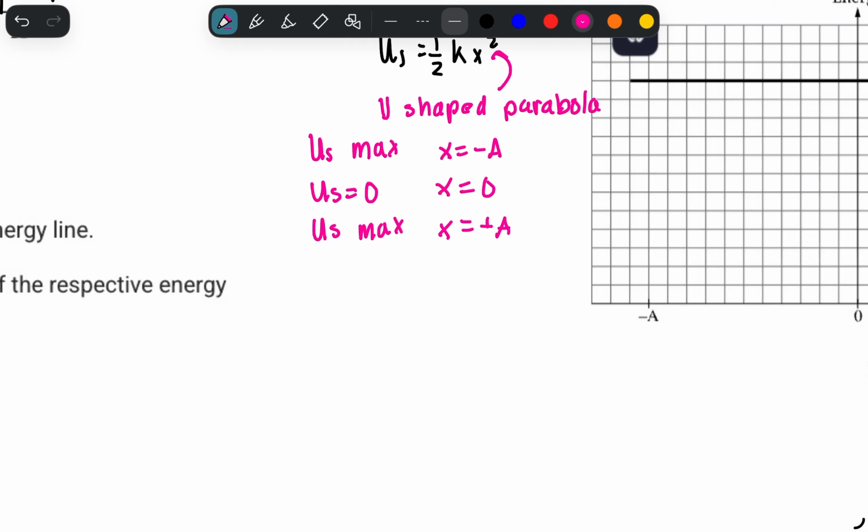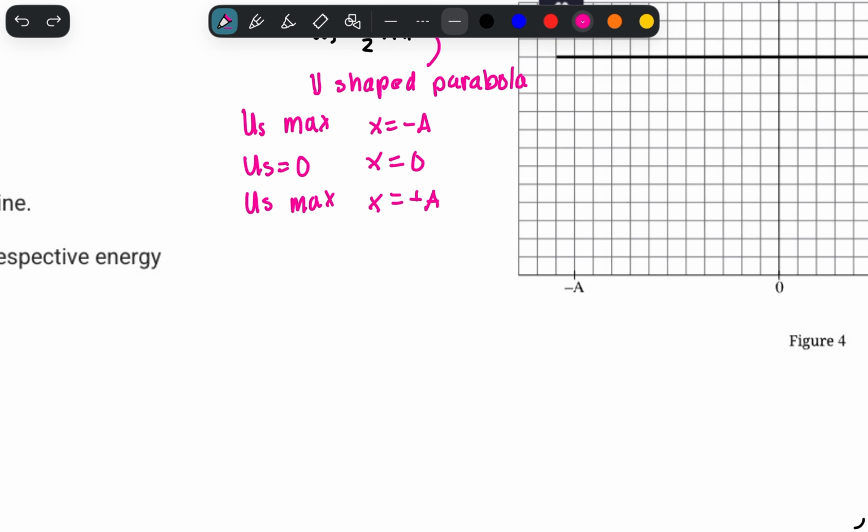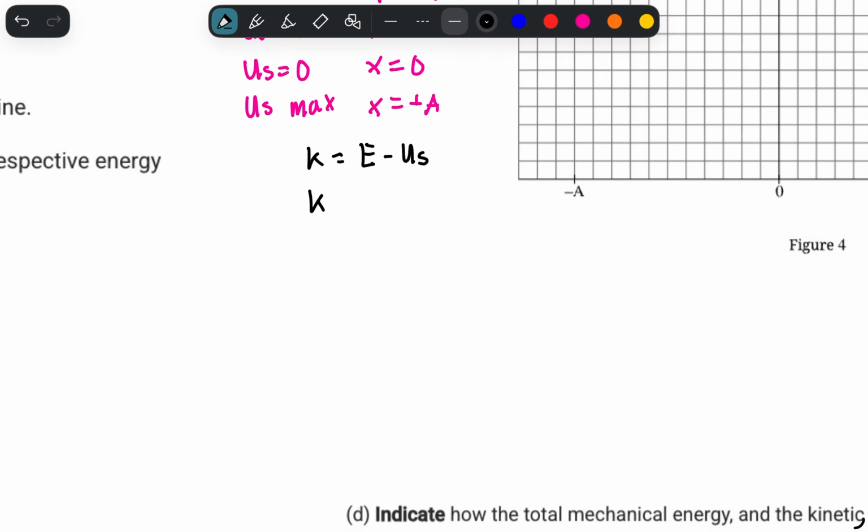And remember, the reason is because we're looking at that x, you plug that into the equation here, and that's how you get your value of US. So our kinetic energy is going to be equal to our total energy minus the potential energy. So our kinetic energy is equal to our total 1/2 k a squared minus our potential 1/2 kx squared.